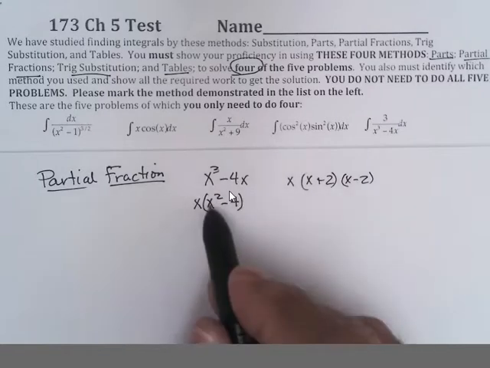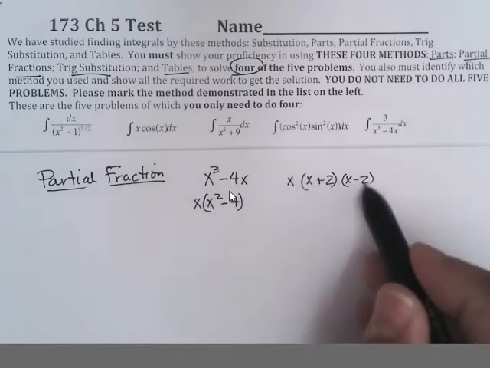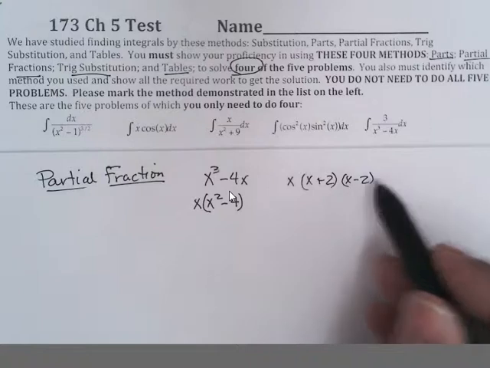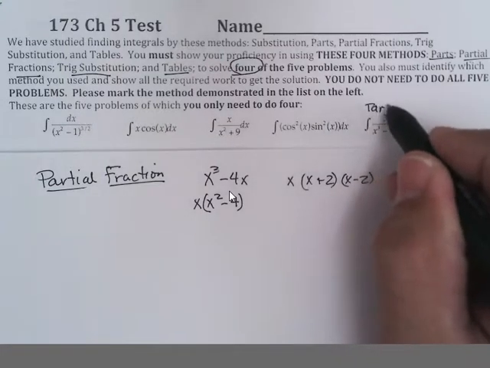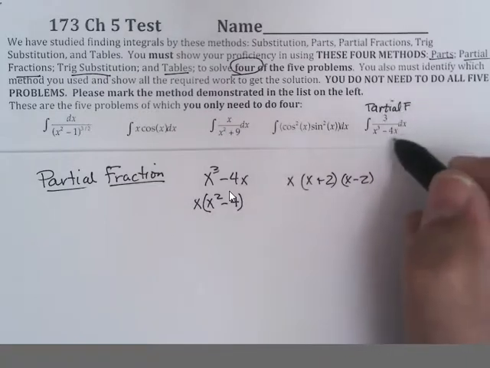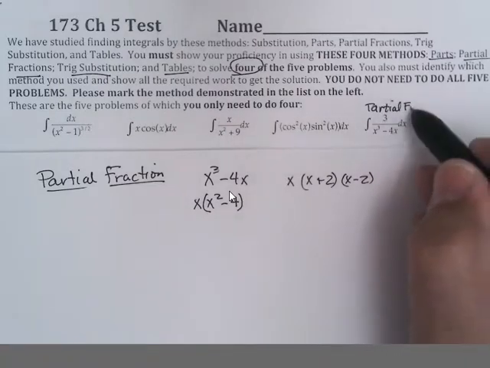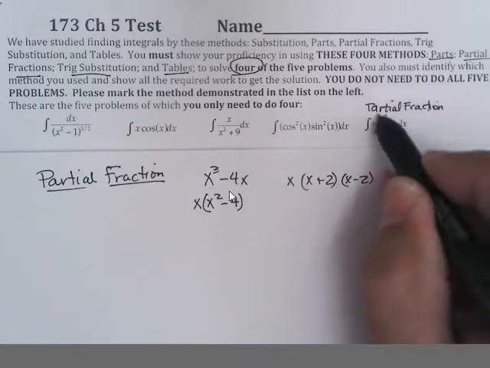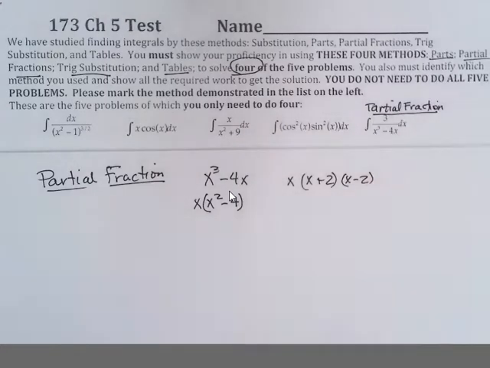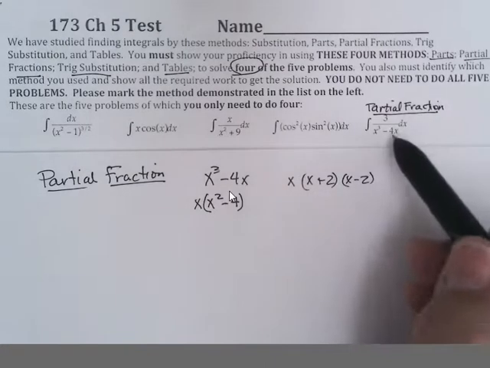And you should recognize x squared minus 4 factors to x plus 2 and x minus 2. So this is the one we're going to do with partial fractions. Now, you might be able to do it with other methods, but you're required on this test to show me that you know how to do partial fractions. So this is the one you can do that on.